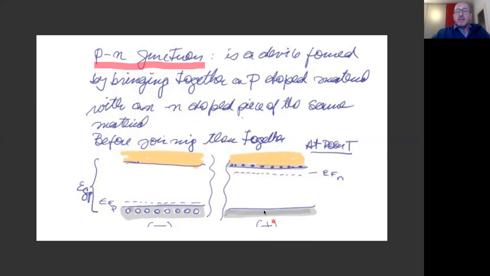And in this case, I have an atom with a negative ion in the core, to bring the mobile charges that are the ones that are moving in this case. So this is the picture before we get the two materials together.